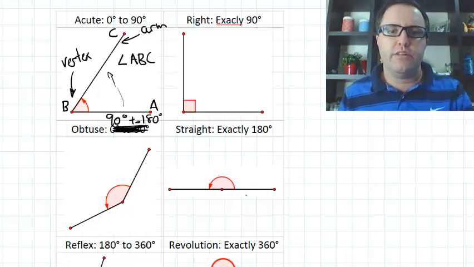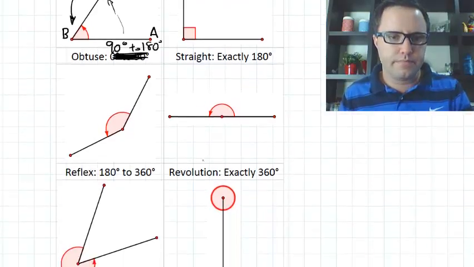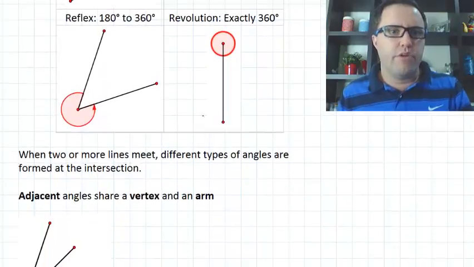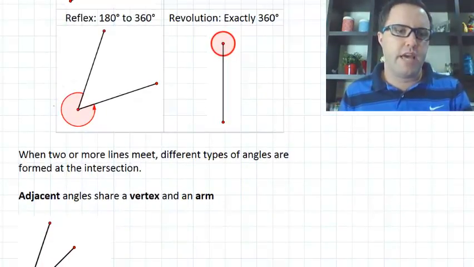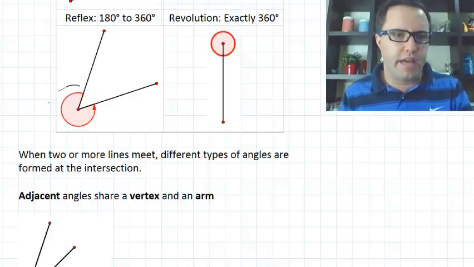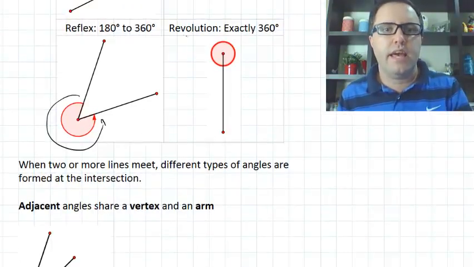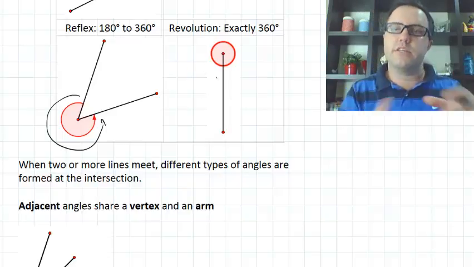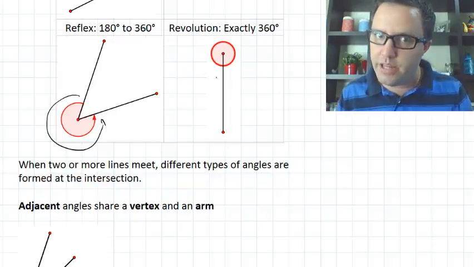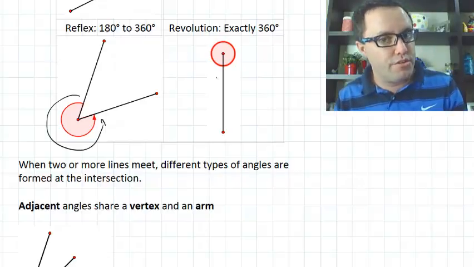A straight angle is exactly 180 degrees, okay? A reflex angle is 180 degrees through to 360, so this outside angle here, not the inside part, the outside piece here, okay? And a revolution is exactly 360 degrees. So it's 360 degrees around a single point, okay? 360 degrees inside a circle as well.